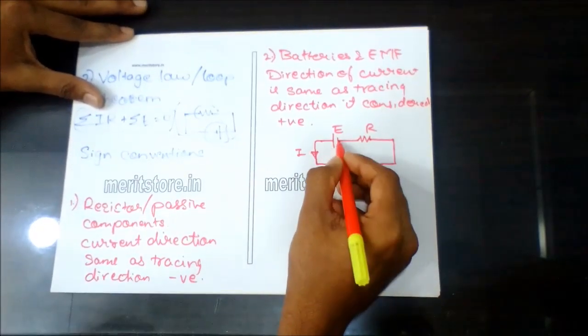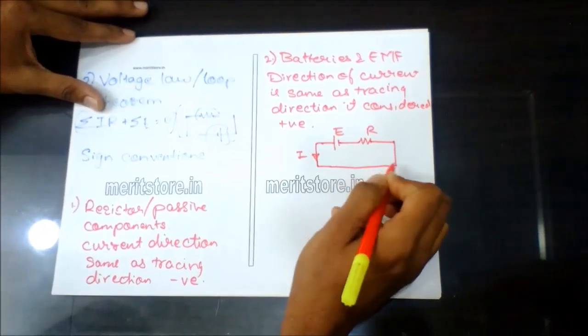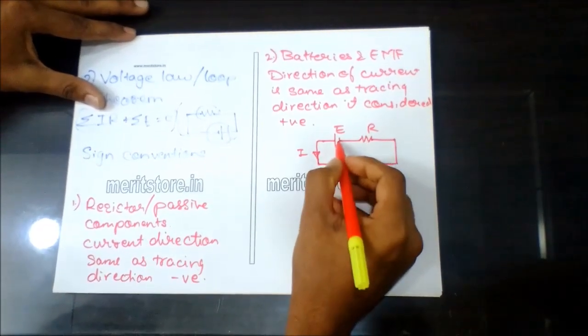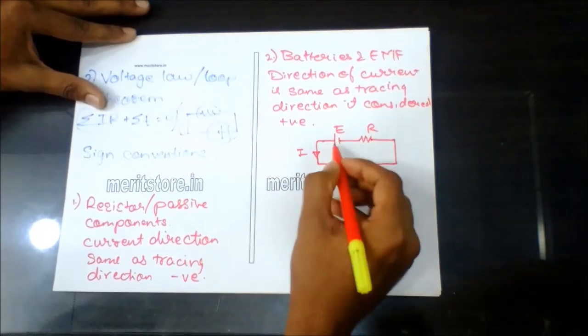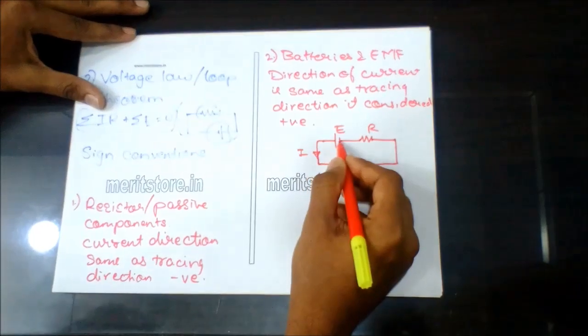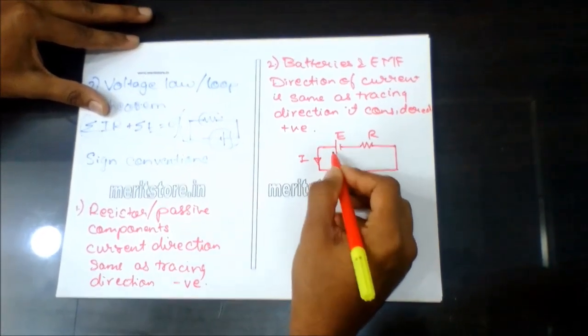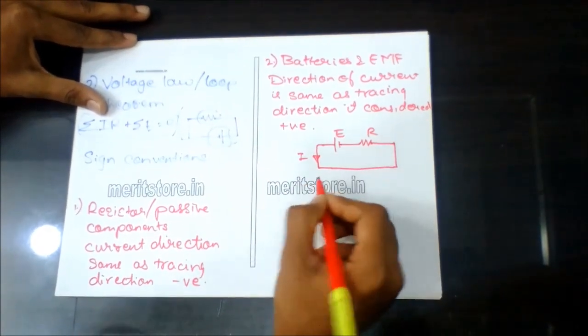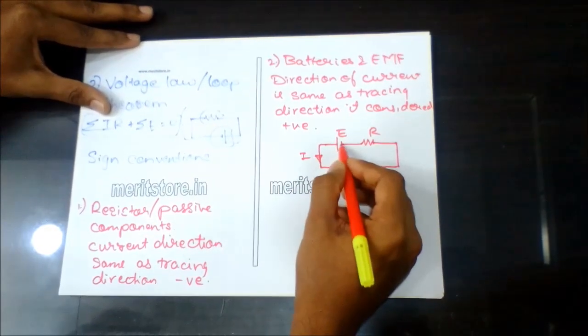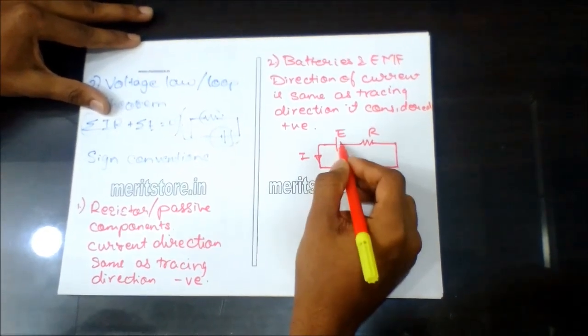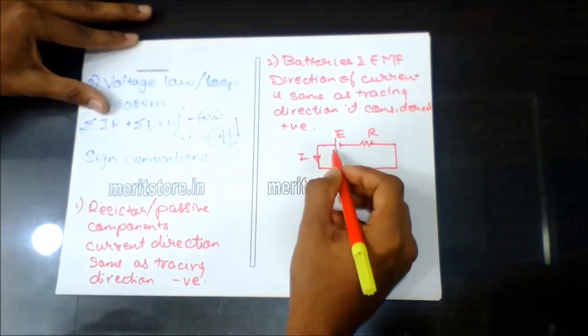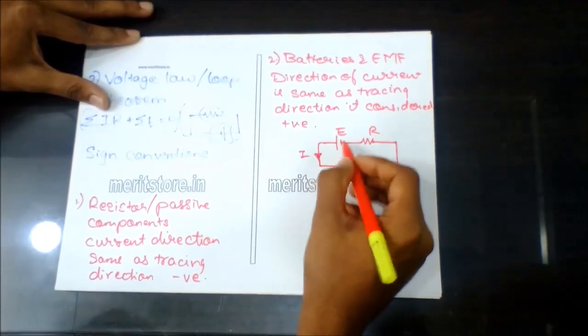what we need to keep in mind while tracing and figuring out the sign conventions, an easy way to remember, is to look at whether the potential across that element increases or decreases as we go about that point. Say we start from this point and trace in the anti-clockwise direction as the current is flowing.